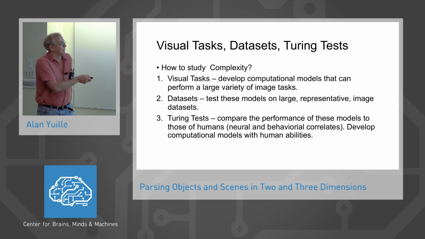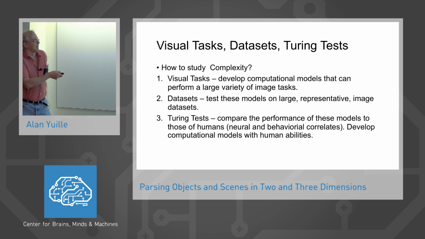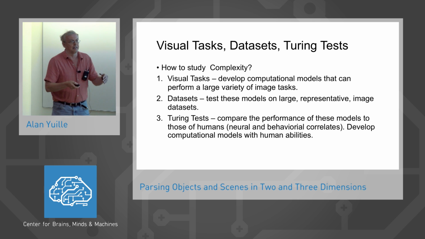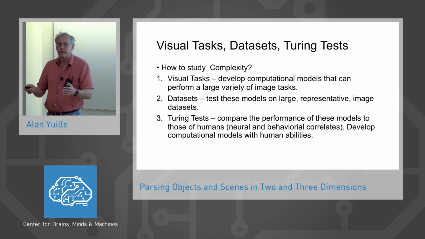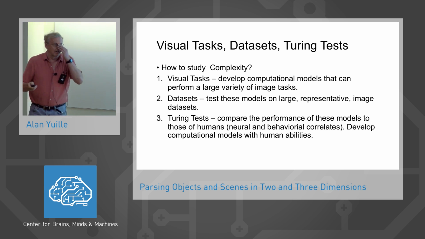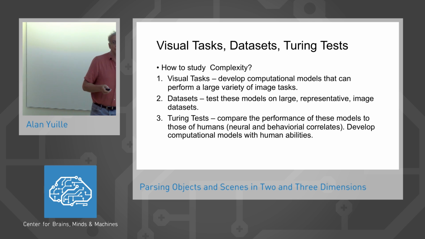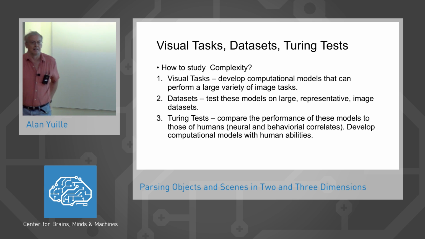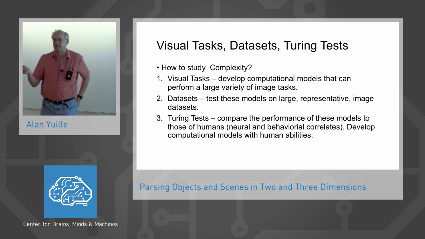Datasets are really important also because, going back to my issue about the fundamental problem of vision being complexity, it's the complexity partially of the whole visual scene, the set of images out there. And I've begun saying that when people started doing computer vision in the 70s or 80s, they were practically crazy to do it, because at the time it was completely impractical to deal with all the possible images that could occur.